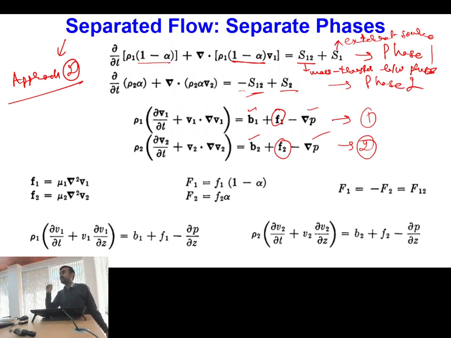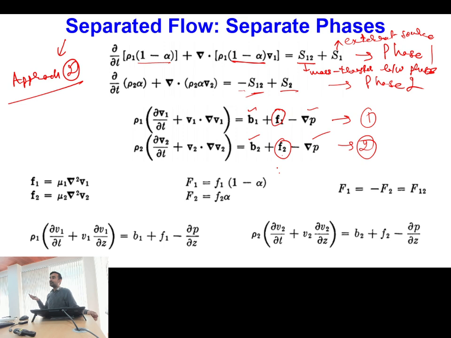We will not consider the dispersed phase in the wall shear stress. So if you have flow situations like dispersed flow, bubbly flow, mist flow, then out of F1 and F2 only one will contain the viscous term, and the other will not have a viscous term at the wall.